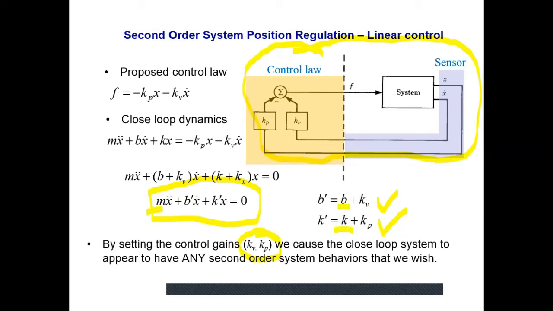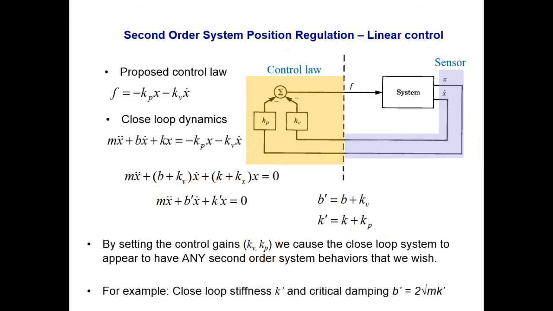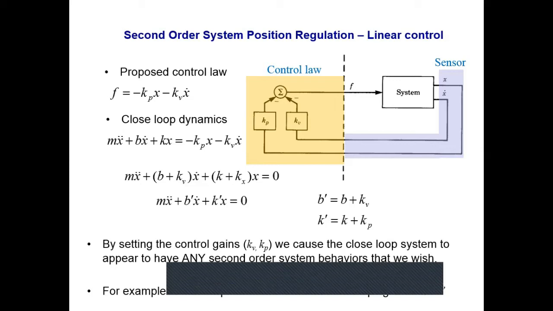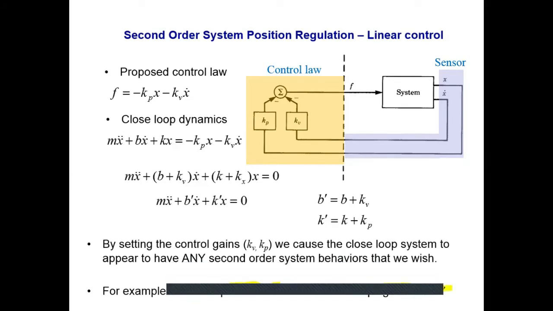By setting the control gains Kv and Kp, we cause the closed loop system to appear to have any second order system behavior that we wish. For example, the closed loop stiffness K dash and closed loop damping B dash equal to 2 root m K dash will make the closed loop system behave like a critically damped system.